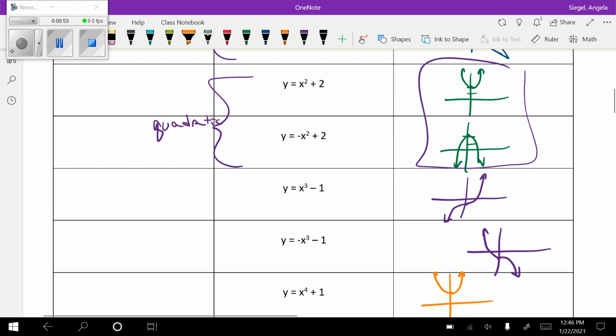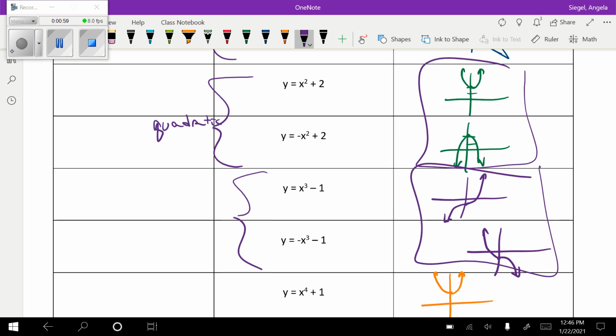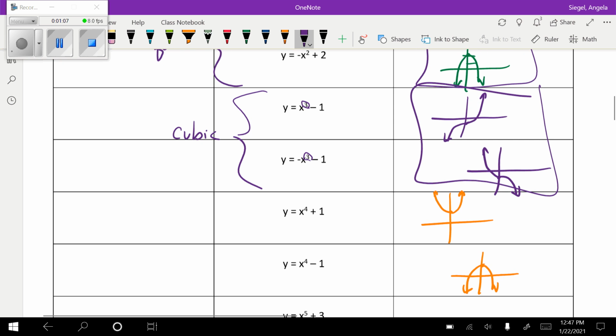The next two also have the same look, and because they both have x to the third power, they're called cubic functions or equations. And finally, notice the look of these two is a little similar, and these are called quartic functions. It's because of the 4.